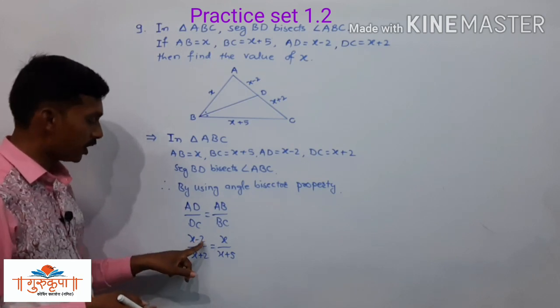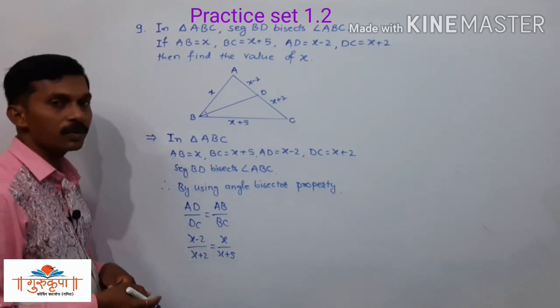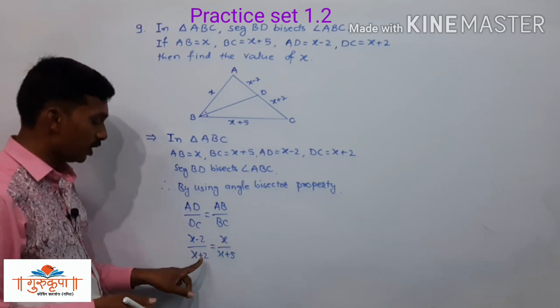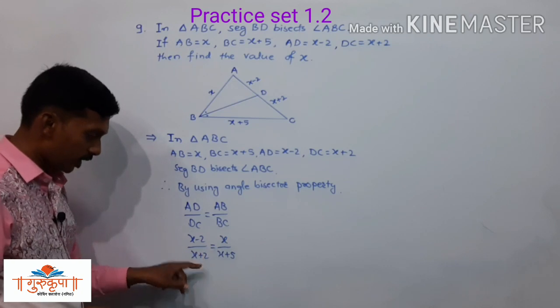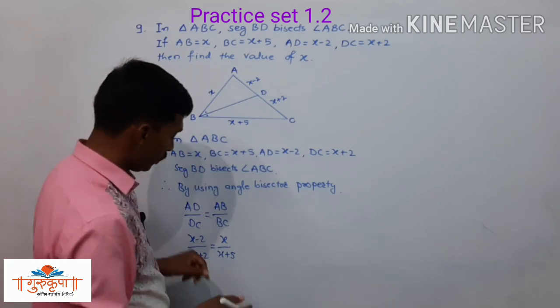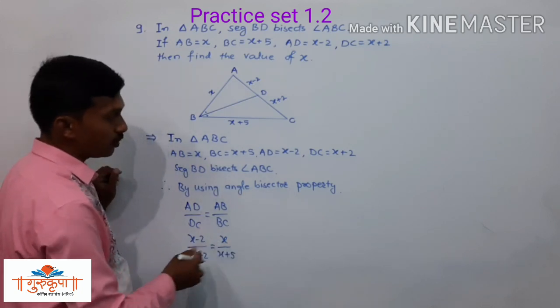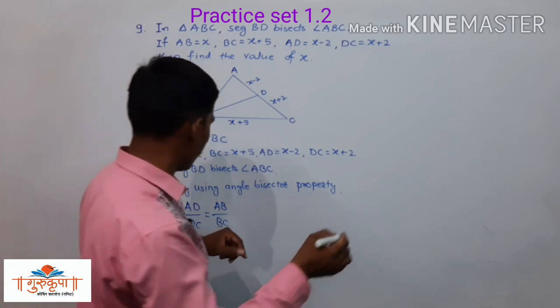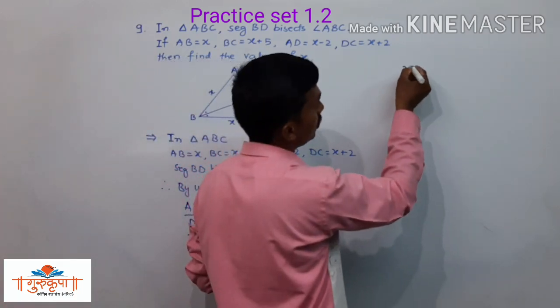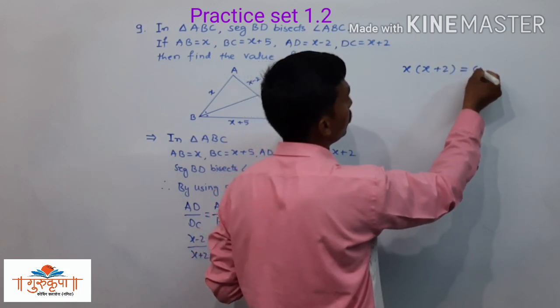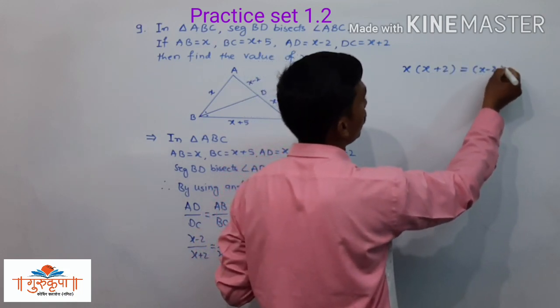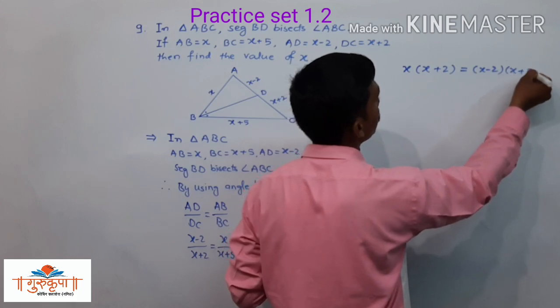So x minus 2 multiplied by x plus 5, that is equal to x multiplied by x plus 2. Cross multiplications we have to make there.